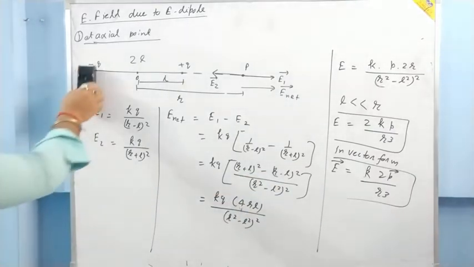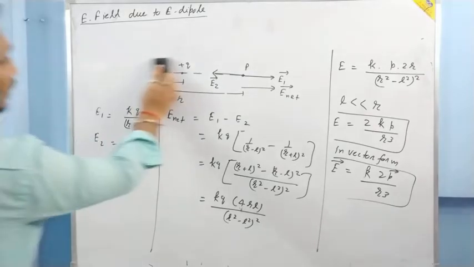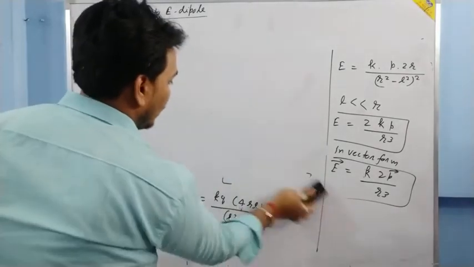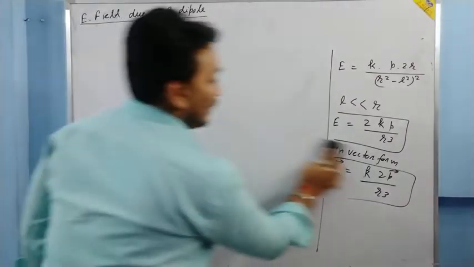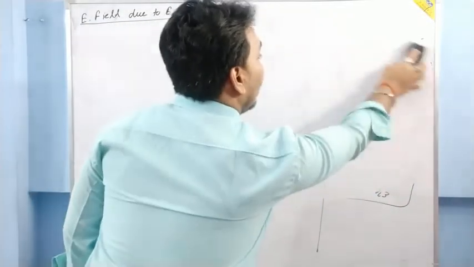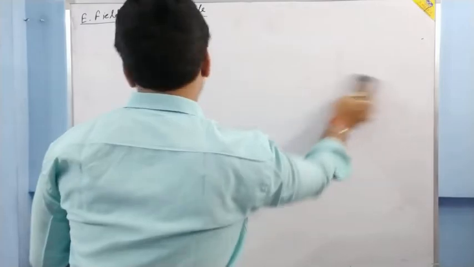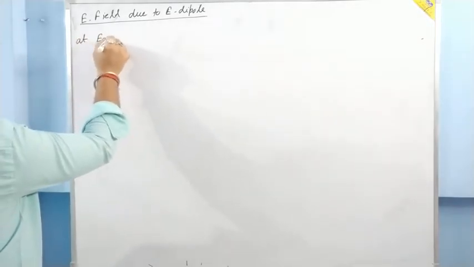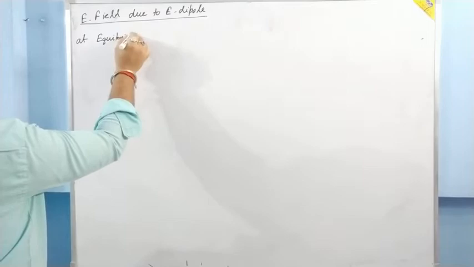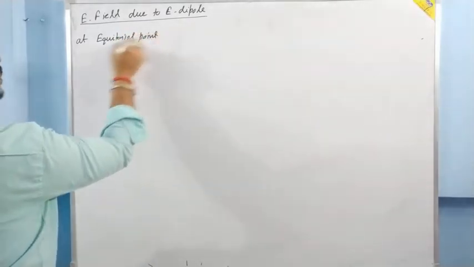Now next topic and the last topic of this chapter, and that topic is electric field at equatorial point.